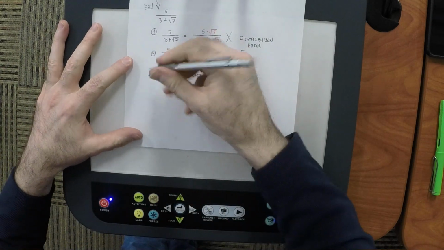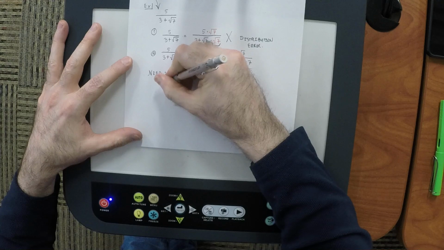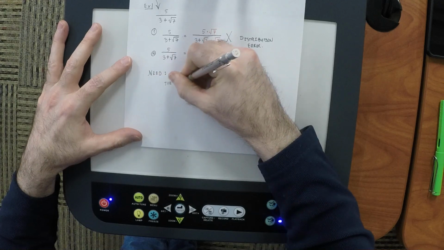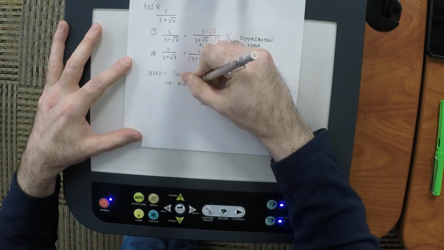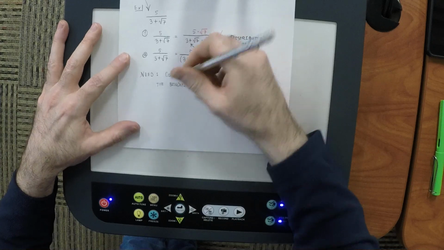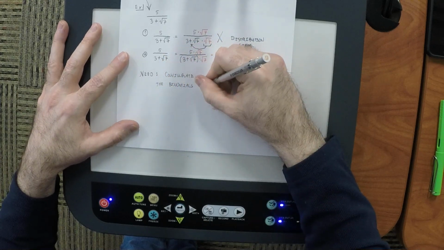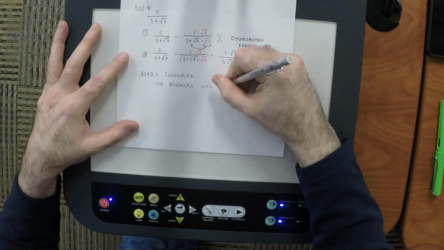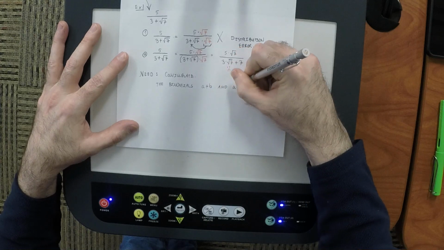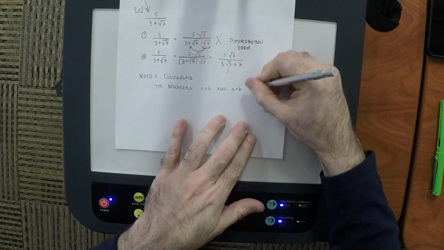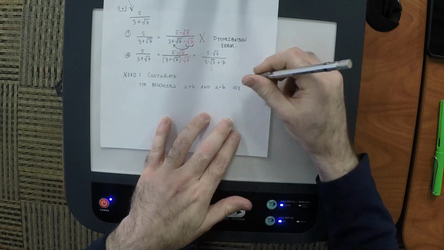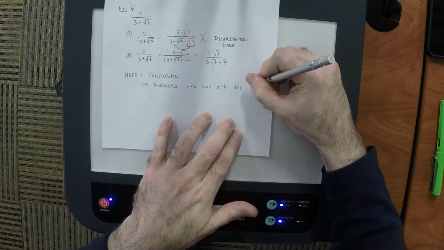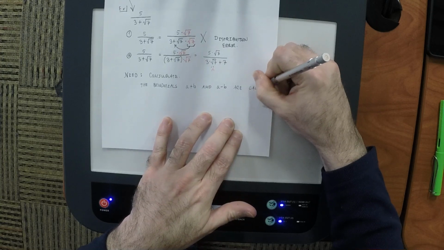But here it is: the binomials a plus b and a minus b are conjugates, or they are called conjugates.